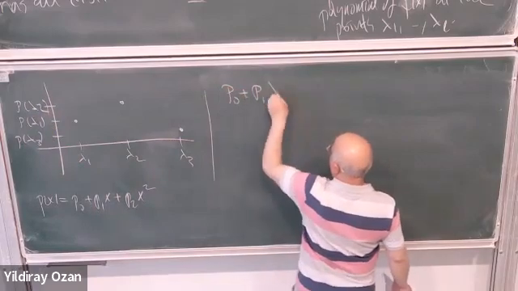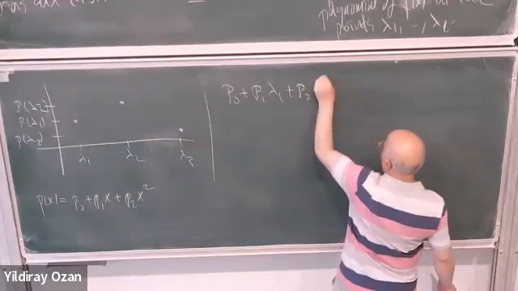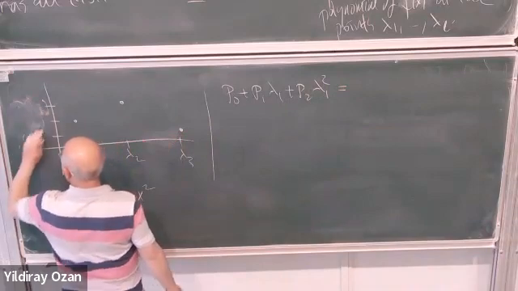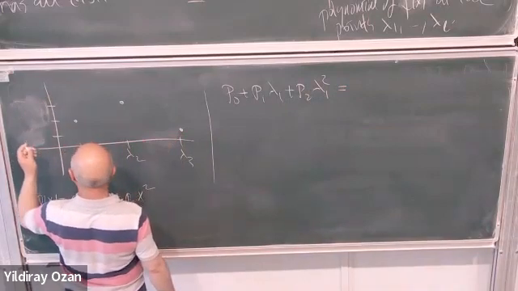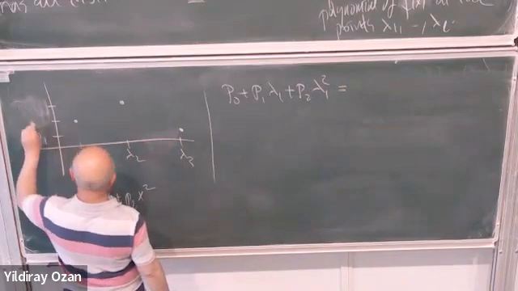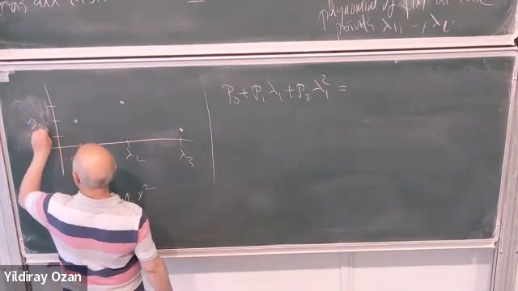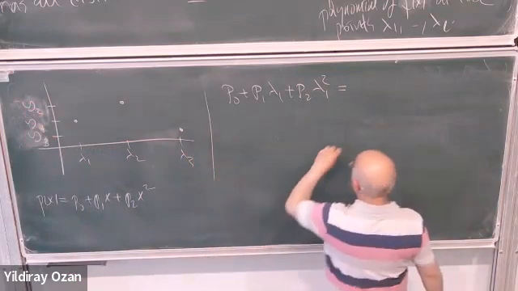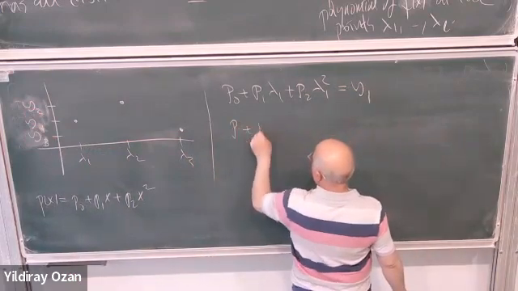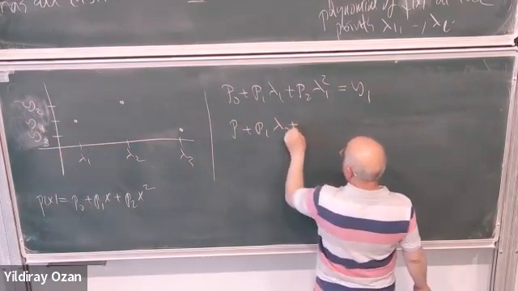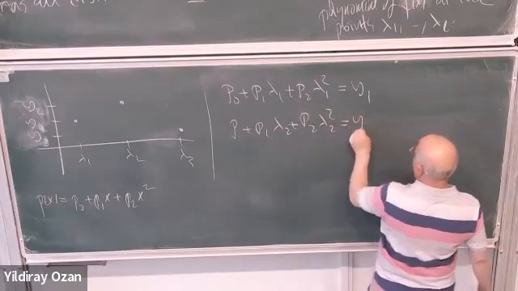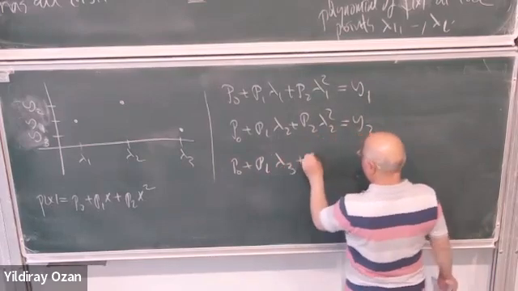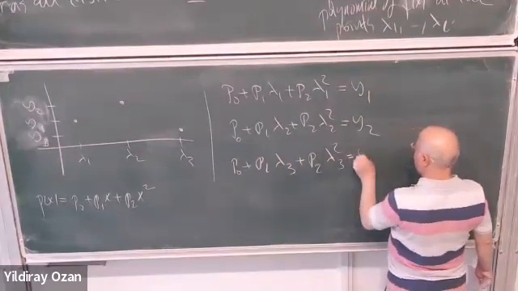P0 plus P1 lambda 1 plus P2 lambda 1 squared equals y1, P0 plus P1 lambda 2 plus P2 lambda 2 squared equals y2, and P0 plus P1 lambda 3 plus P2 lambda 3 squared equals y3.